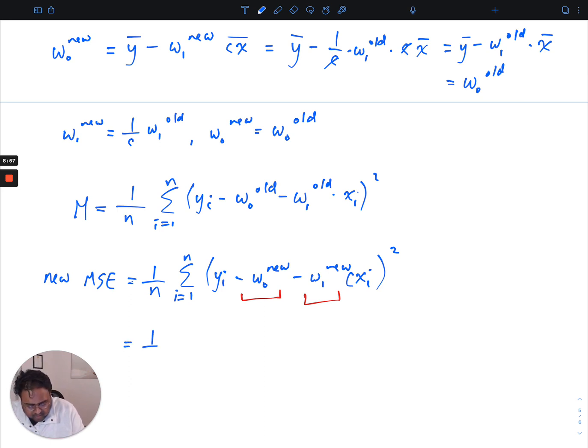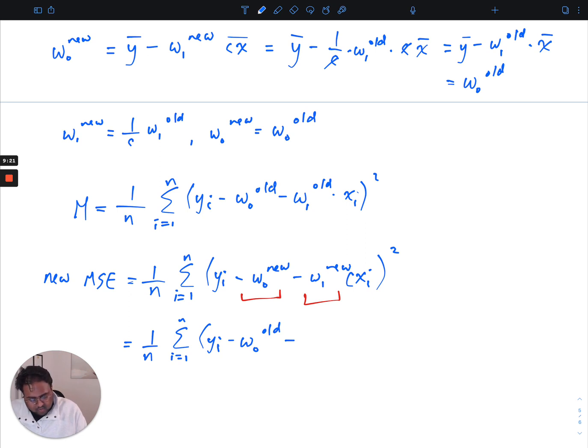Okay. So I have 1 over n times the sum of yi's. First, let's evaluate the new y-intercept. We just showed that it's the same as the old y-intercept. So I can write this as w naught old. What about the new slope? Well, I found that the new slope is just 1 over c times the old slope.